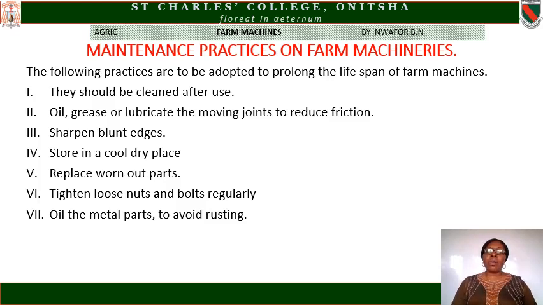Number seven, oil the metal parts to avoid rusting. There is a difference between friction and rusting. When a machine part rusts, it turns brown. From there, it will crack. So we say you oil the metal parts to avoid rusting.